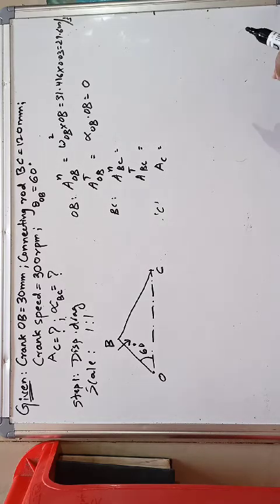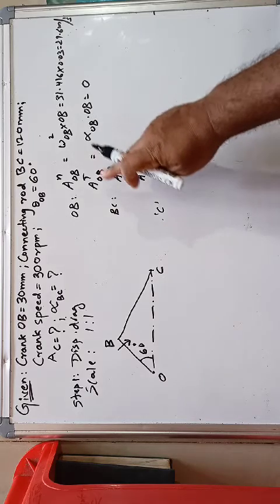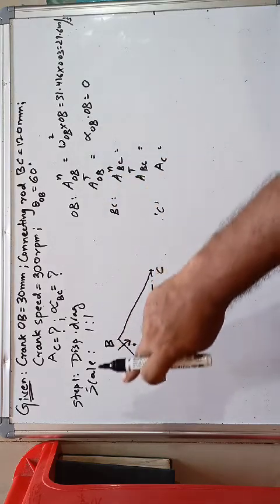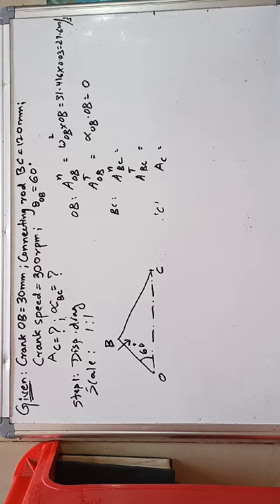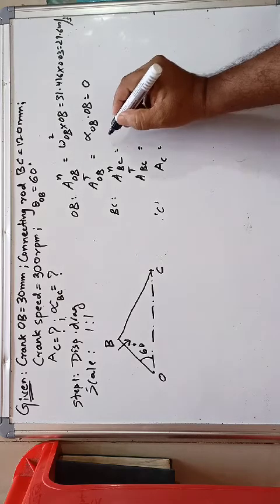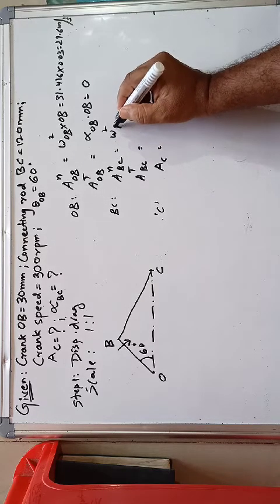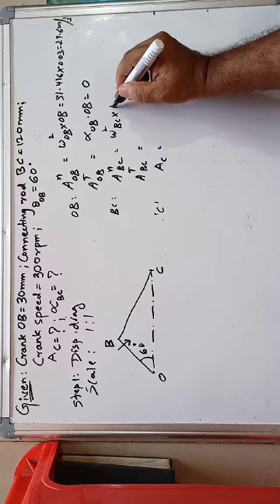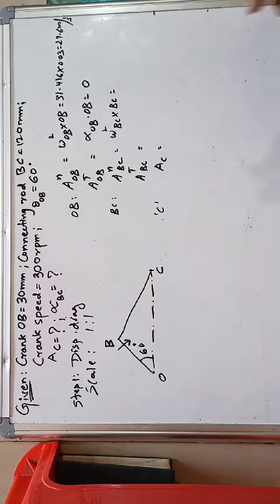Next one is the normal component of the link BC. Again the formula is omega square BC into the length of the link BC. Omega BC is nothing but the angular velocity of the link BC.